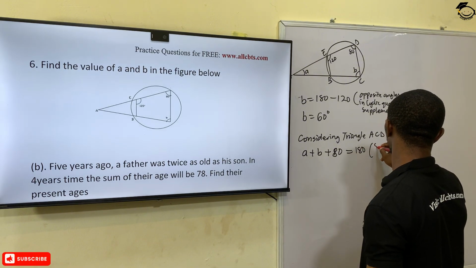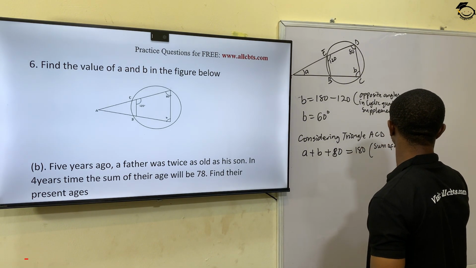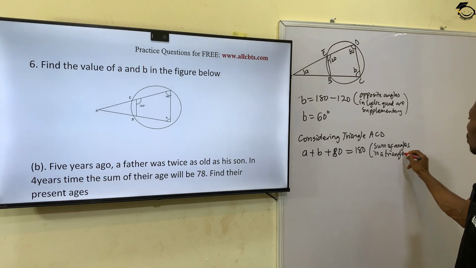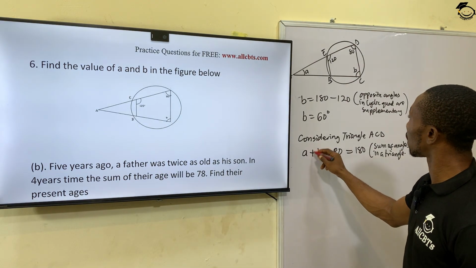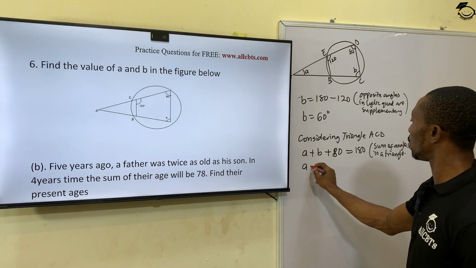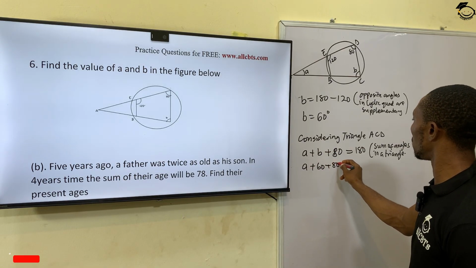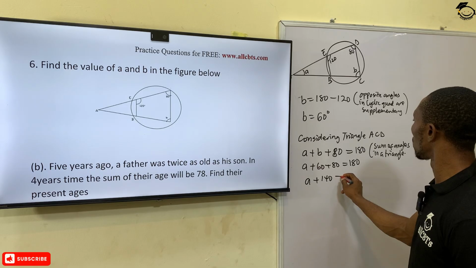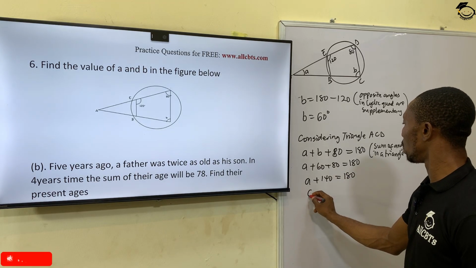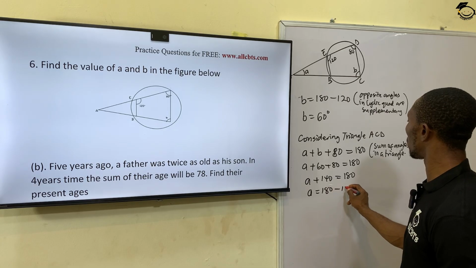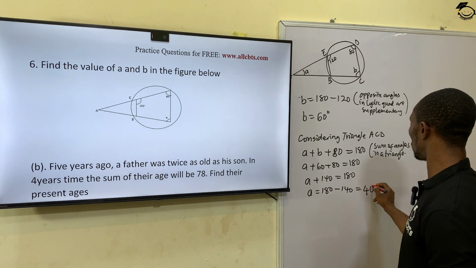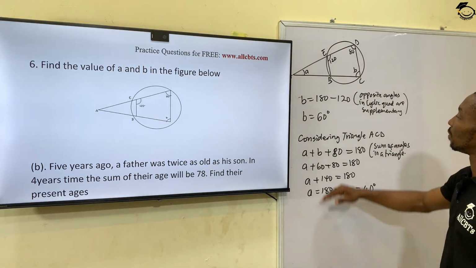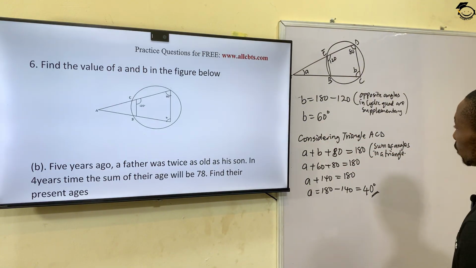That is the sum of angles in a triangle. Okay, now from here we know that our B is 60. This becomes A plus 60 plus 80 equals 180 degrees. So A plus 140 equals 180 degrees. So A equals 180 minus 140, which gives us the value of A to be 40 degrees. So our value of A is 40 degrees and the value of B is 60 degrees.